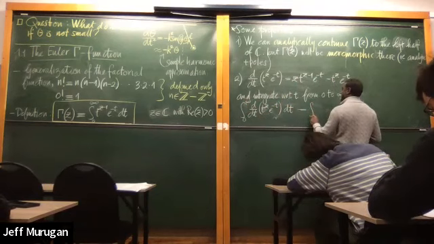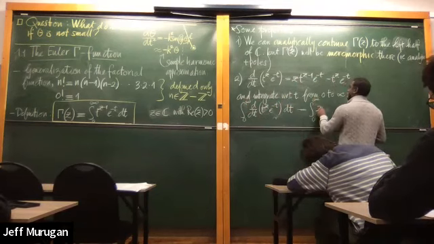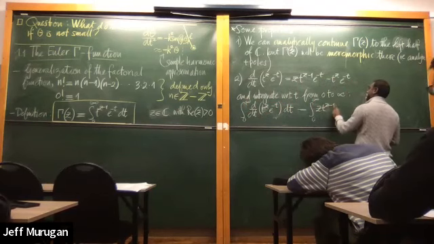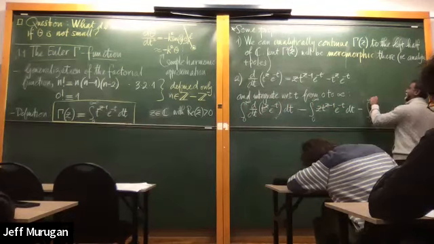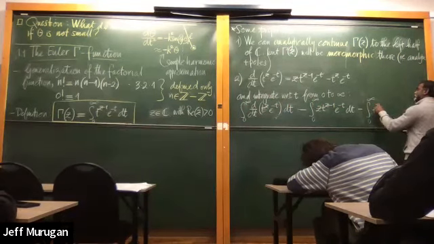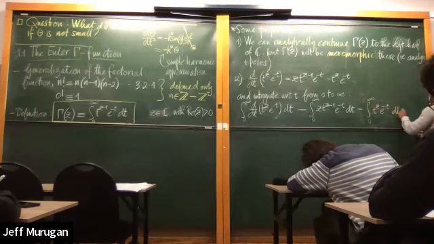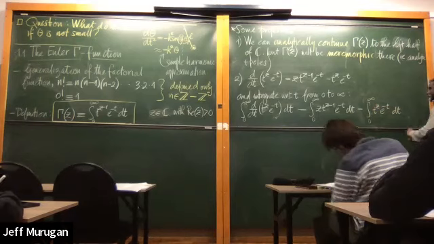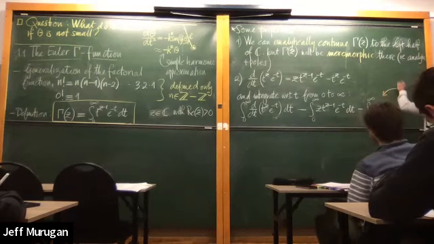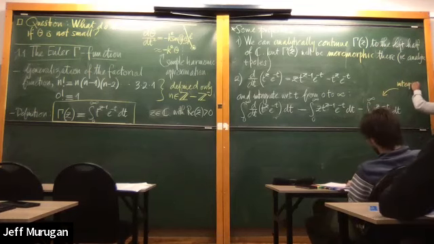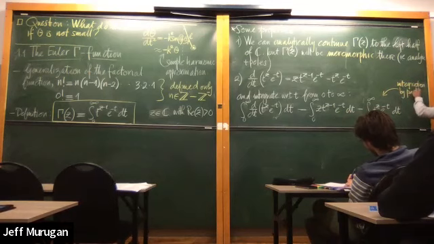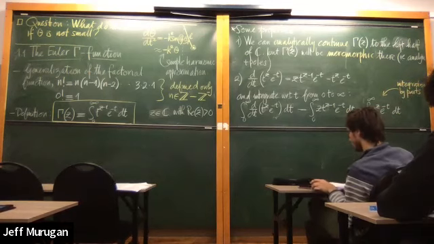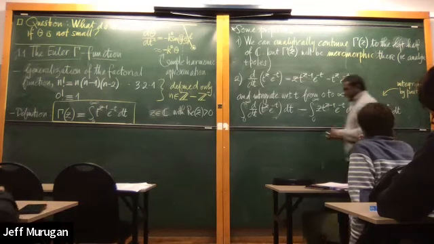And that's equal to the integral from 0 to infinity of z t to the z minus 1 e to the minus t minus the integral from 0 to infinity of t to the z e to the minus t dt. Okay, so this is nothing but integration by parts, of which we're going to be doing a hell of a lot in this course.